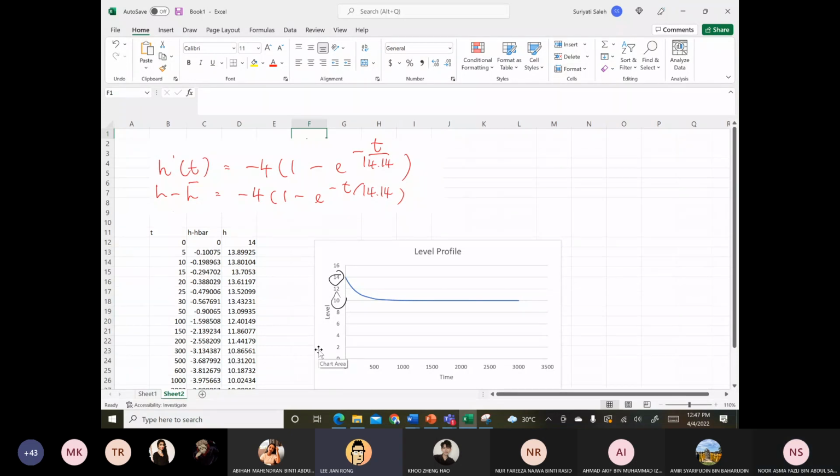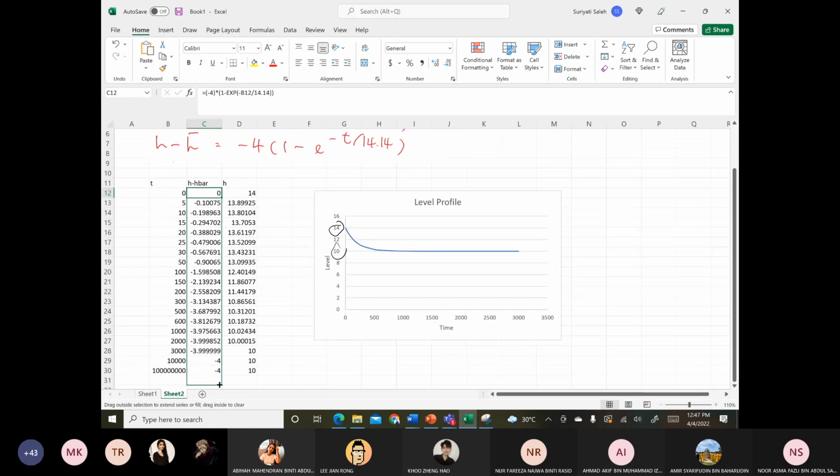I think that you made a mistake for the 14. It's actually 14.14. Oh, this one. Okay, sorry. Yeah, it's an increasing graph. I corrected it. Okay, is it what you get?